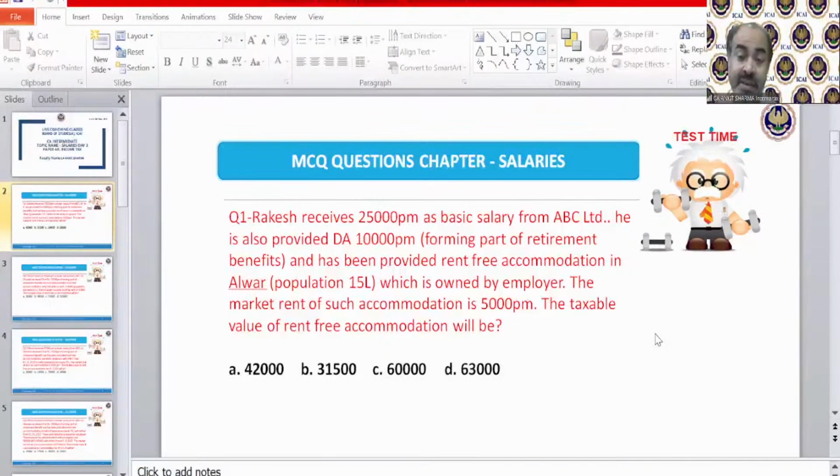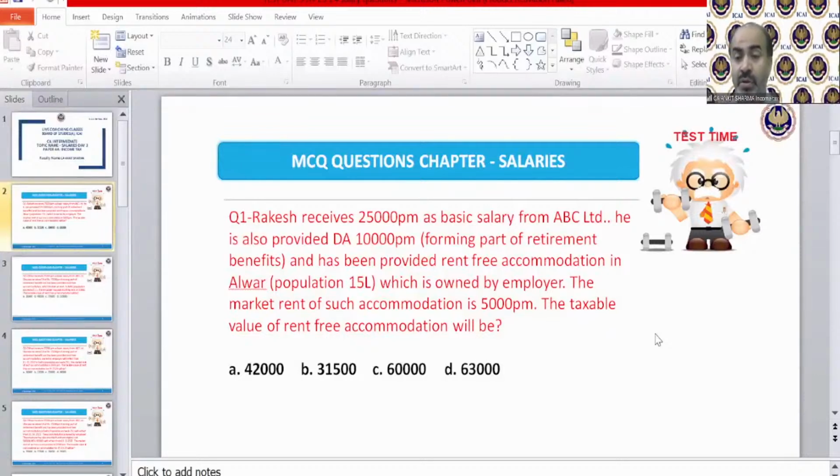Until it is given in the question that rent paid by your employer is so much, rent paid should be there. If rent paid is not given, only fair rental value or market rent is given, then the case will be treated as property owned by the employer, not on rent.